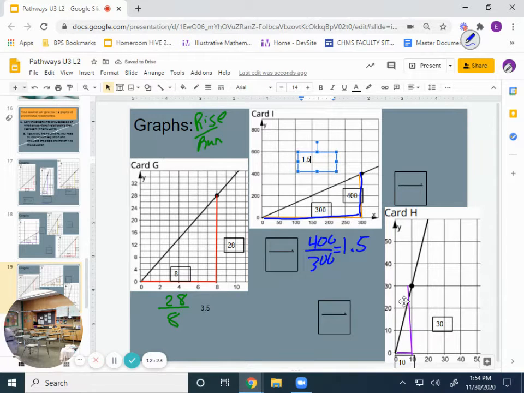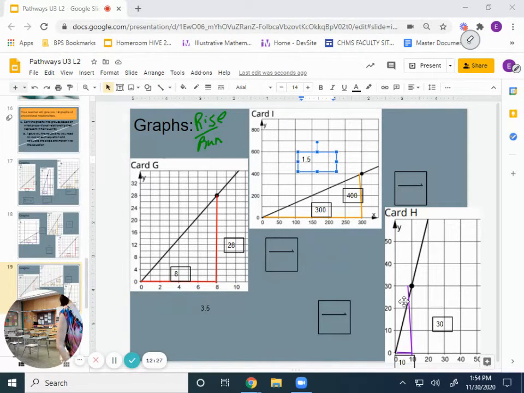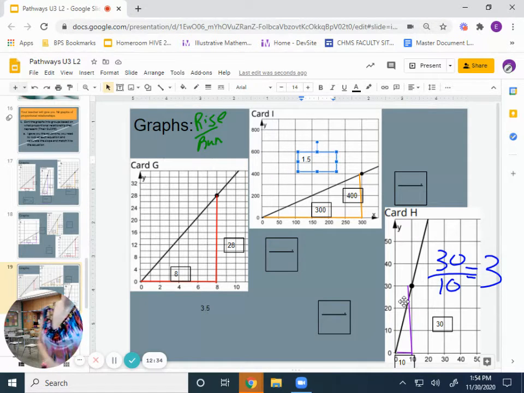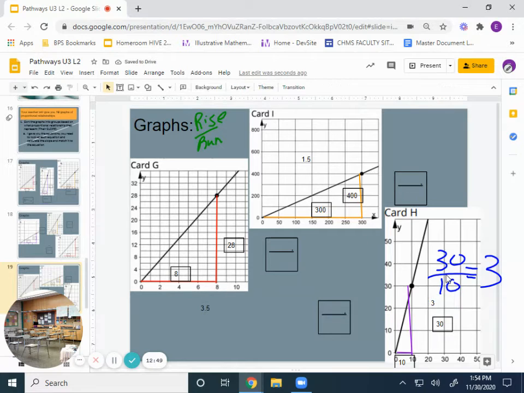And if we look at this last one down here, a fraction of rise over run, 30 over 10, which is equal to 3 when you type it into your calculator. Okay? So we have a rise of 30, a run of 10, which simplifies, as we said, to a slope of 3. Okay? So you just took some time to calculate the slopes of 9 different equations here. And we labeled those slopes here.